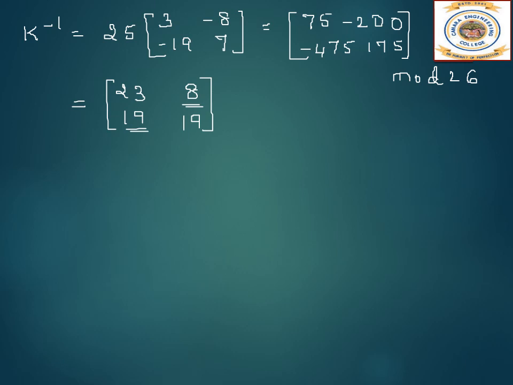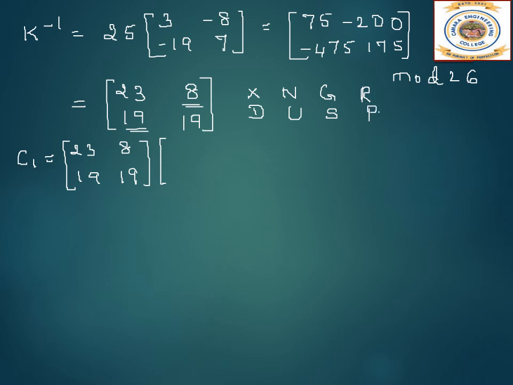Now let us apply the equivalent and find the plain text, starting with the first one. Let me consider C1. We now take K inverse: 23, 8, 19 and 19. Going to the reverse process of the encryption, the ciphertext we got there was XD, NU, GS, RP.